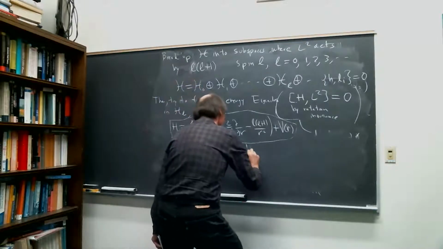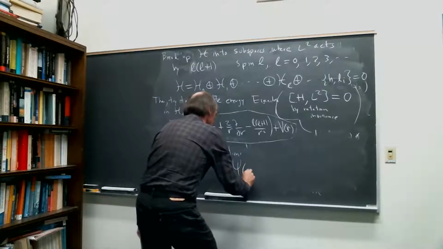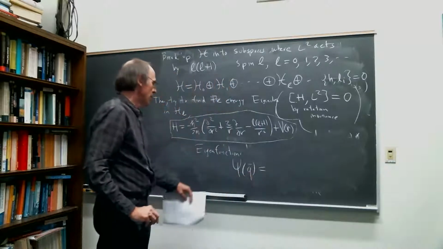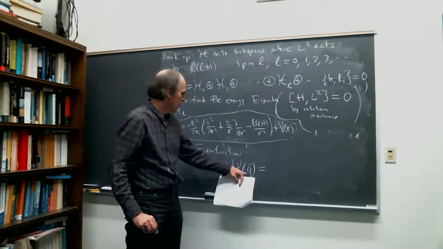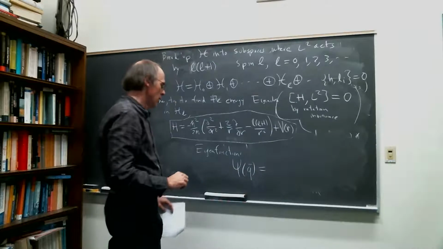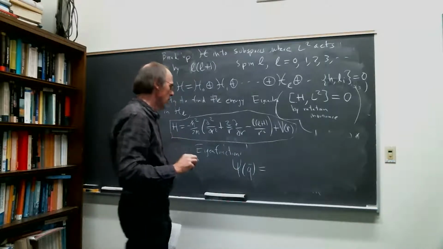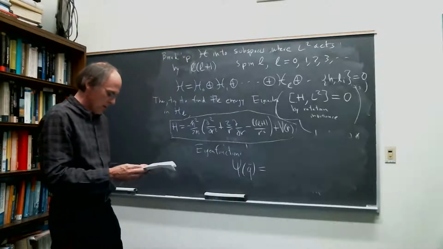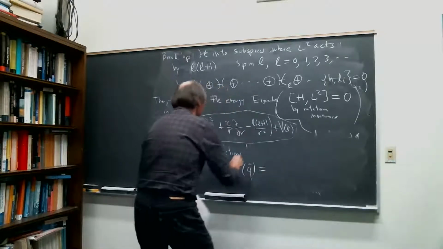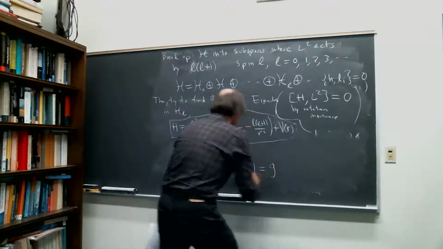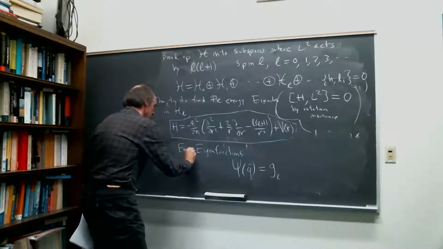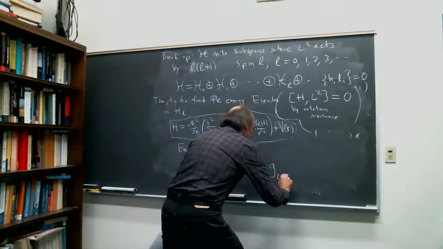So what's going to happen is that the eigenfunctions are going to be some functions which I'll write as G_{L,E}, with a certain energy.